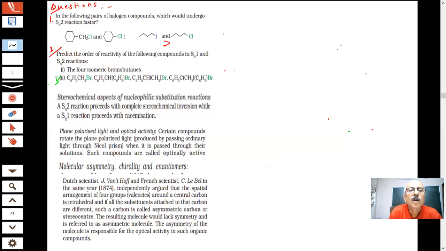Therefore, the first compound is C6H5CH2Br. This is my first compound. Second is C6H5CH(C6H5)Br.